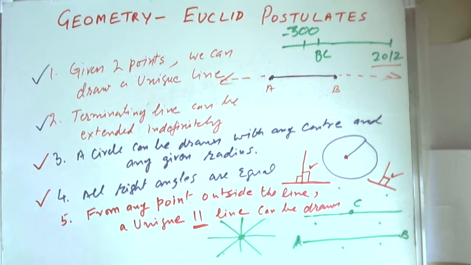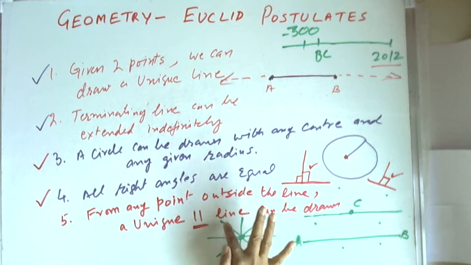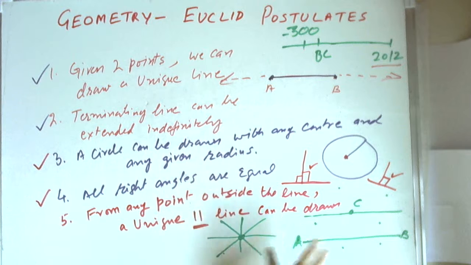And we have seen that. So this is line AB and this is point C. From point C, we can always draw a line parallel to AB. Also, another derivation from this is that from a point, infinite number of lines can be drawn. Thank you.